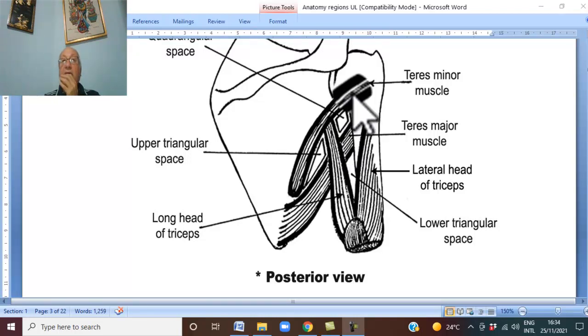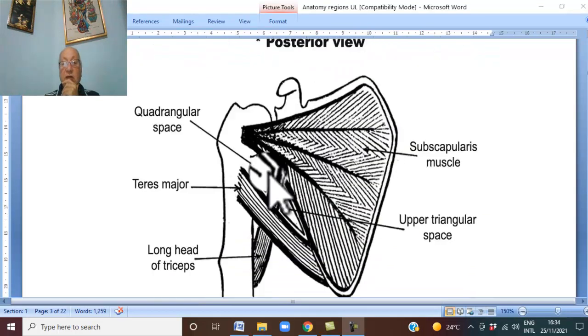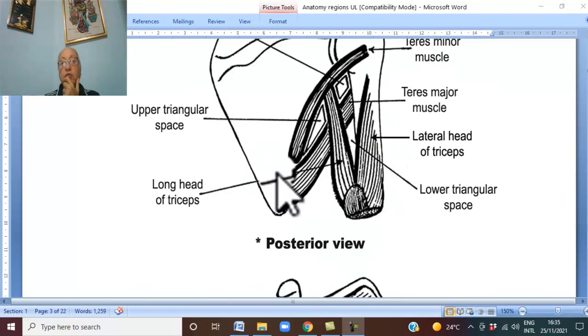limited and bounded from behind by teres minor, or from the front bounded by subscapularis. Therefore, the quadrangular space anteriorly, if seen from anterior aspect, bounded by subscapularis.